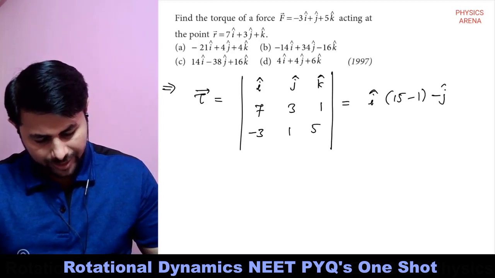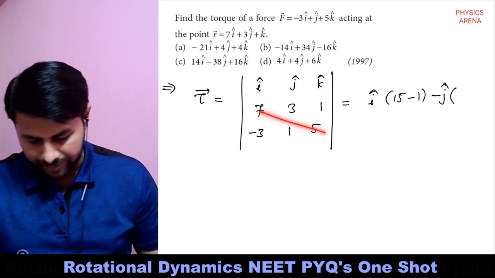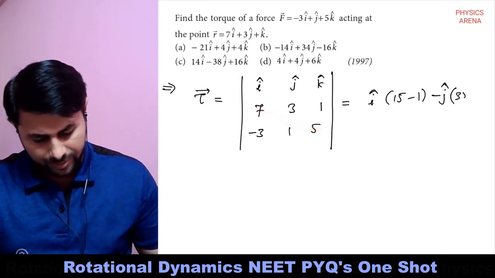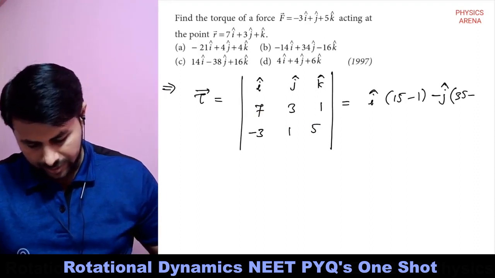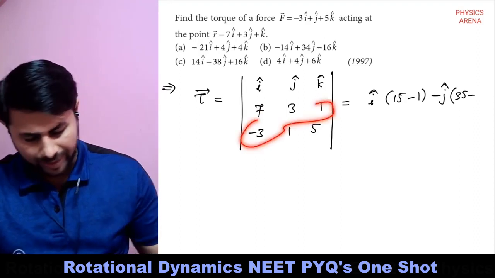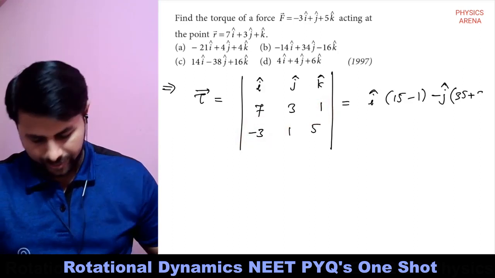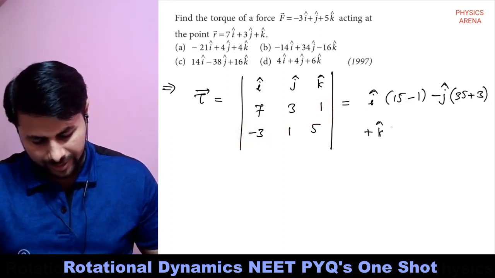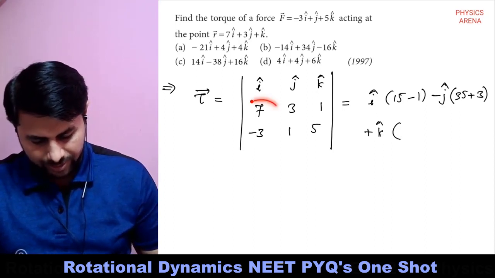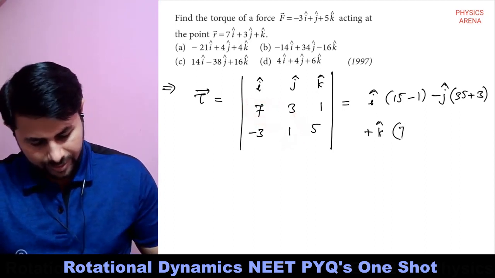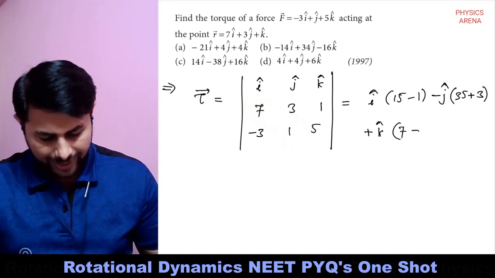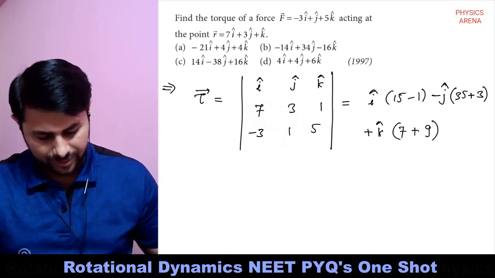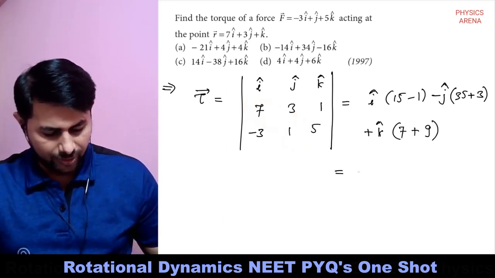Minus j multiplied by 7 times 5, 35, minus 3 times 1, so it's minus 3, minus minus plus 3. Plus k multiplied by 7 times 1, 7, minus 9, that is plus 9. What's the answer? 14 i cap.